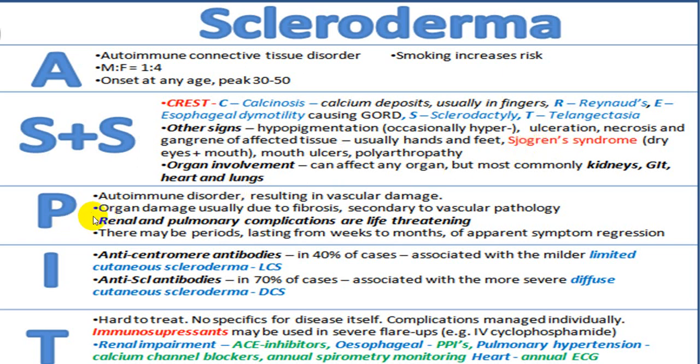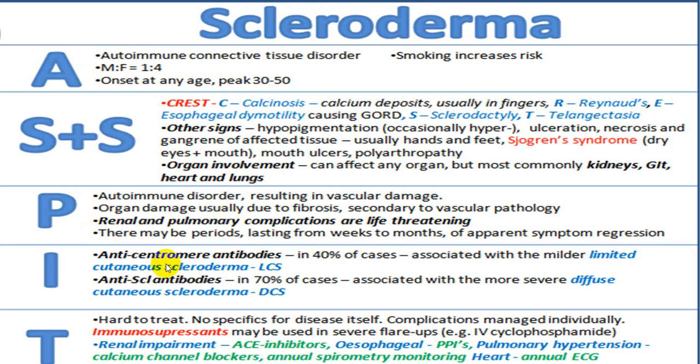P is for autoimmune disorder resulting in vascular damage. There is organ damage due to fibrosis secondary to vascular pathophysiology. Very commonly it involves the kidney and causes pulmonary complications.